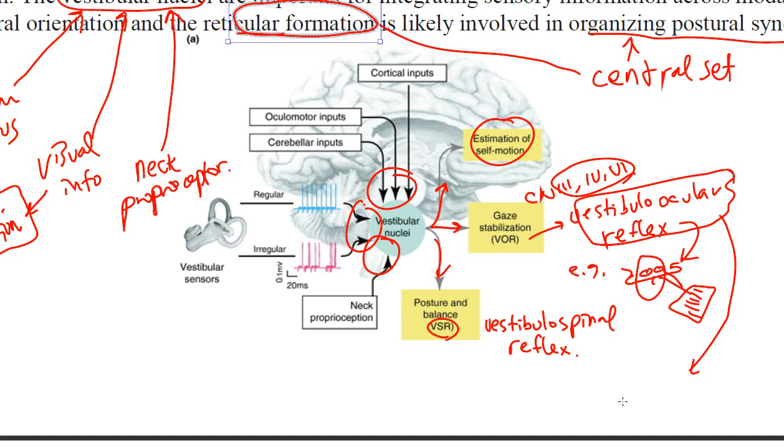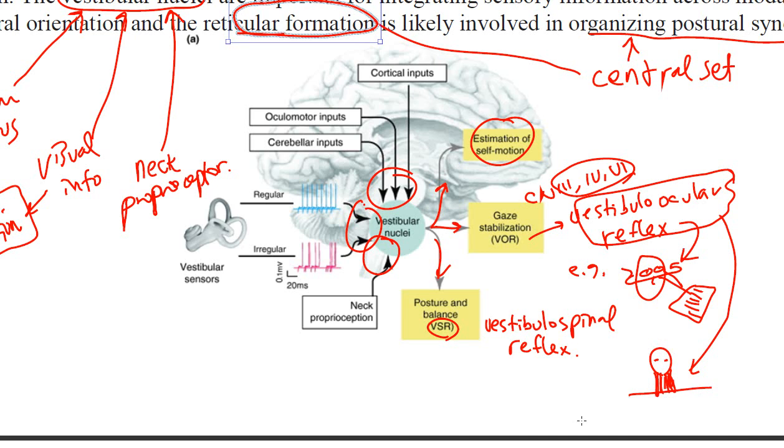So in other words, they will feel very dizzy every time they move their head, and as a result, they might have a stiff neck, because they don't want to move their neck much, because every time they move their head, it feels dizzy.